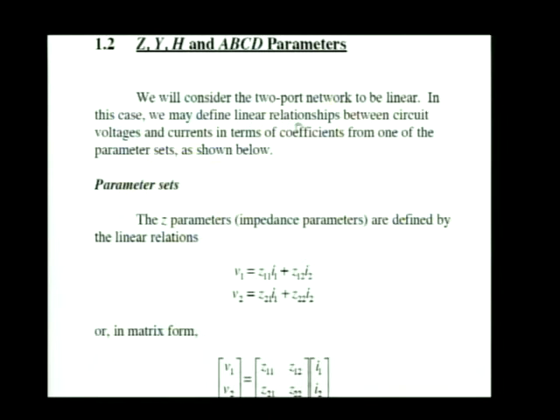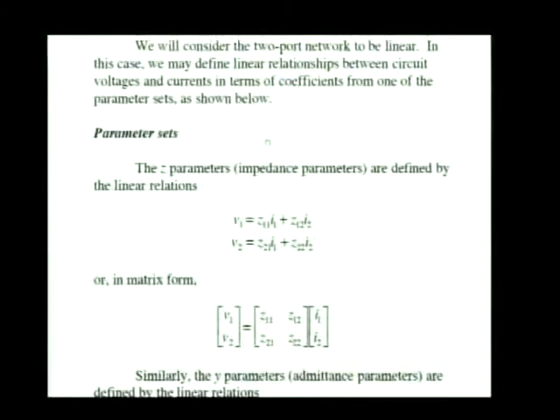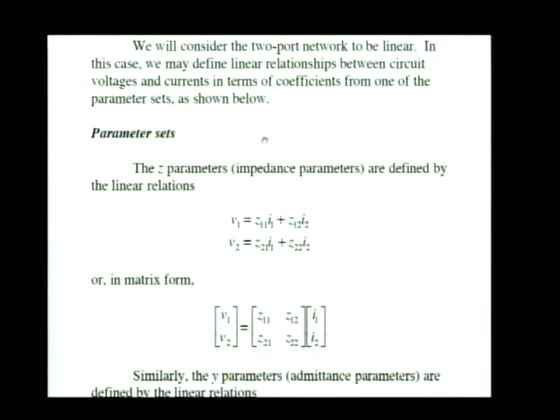That is to say, there's a nice linear relationship between voltages and currents at the 2 ports of our 2-port network. And depending on exactly what form you write the linear relationships in, that'll tell you which set of parameters you're dealing with.